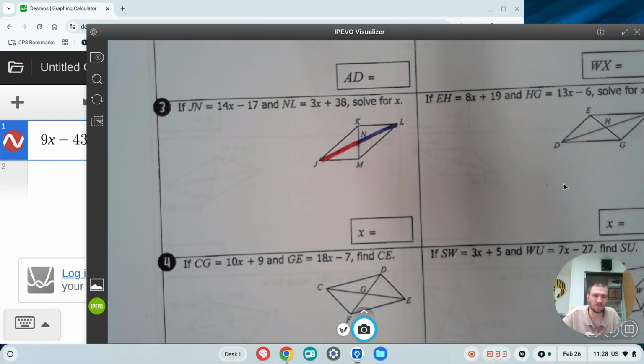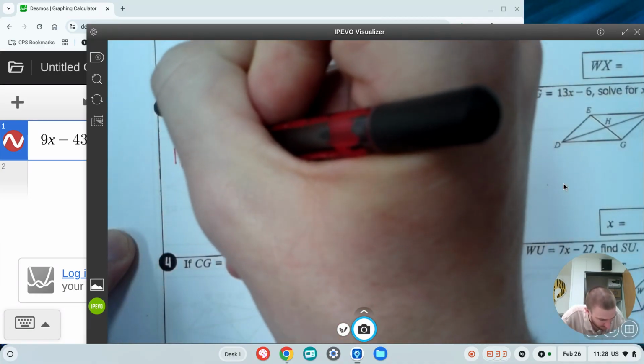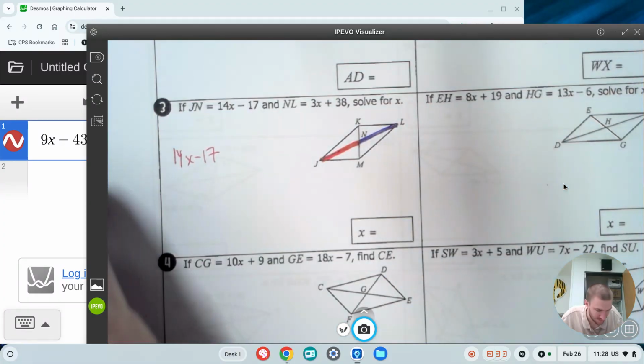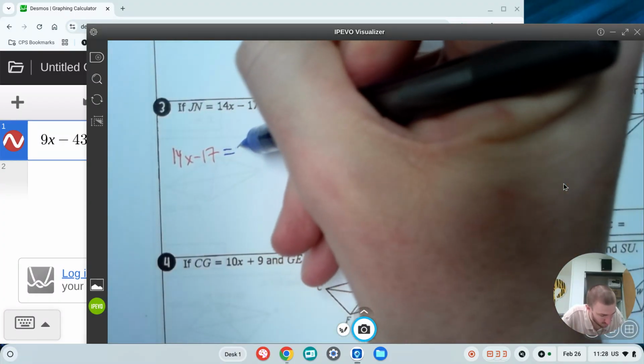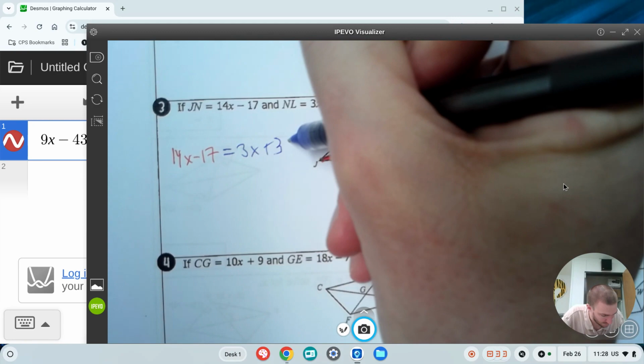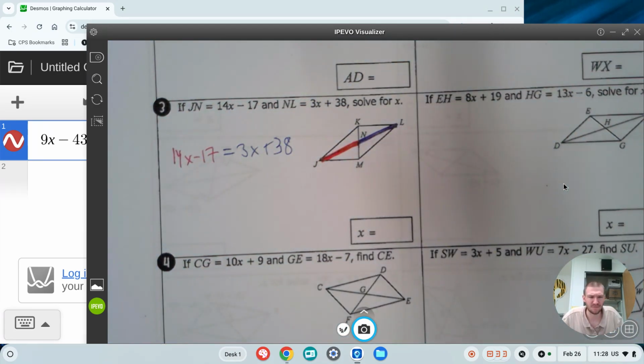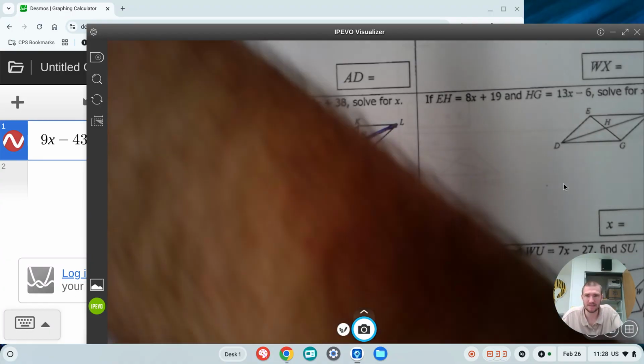Okay, one of the things that we know for our parallelograms is that the diagonal lines are bisected, which means that the two parts are equal, which means 14x minus 17 is equal to 3x plus 38. It's really terrible handwriting, but whatever, I guess.